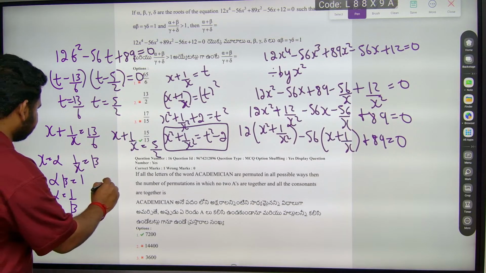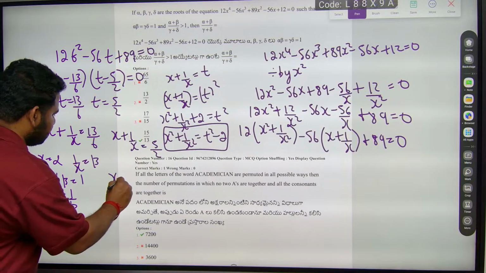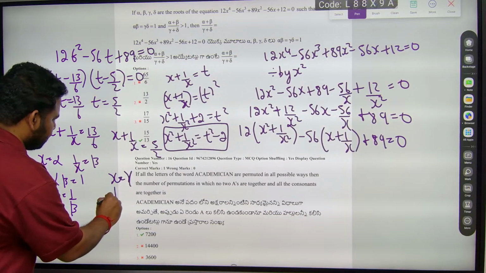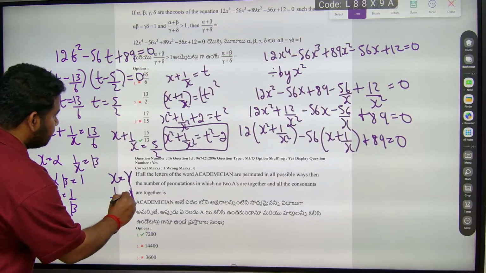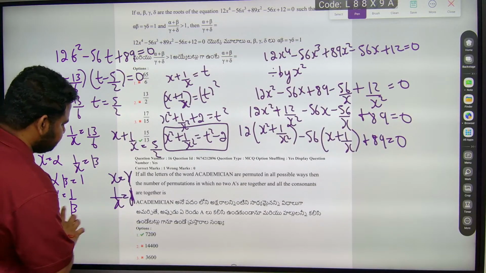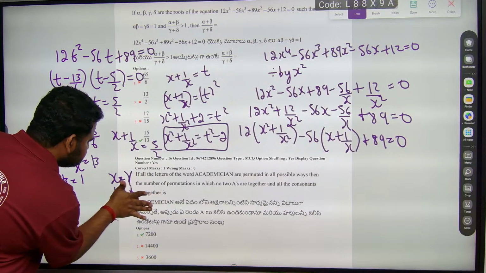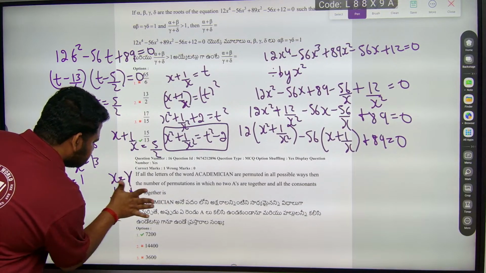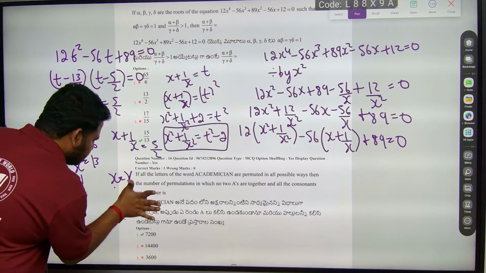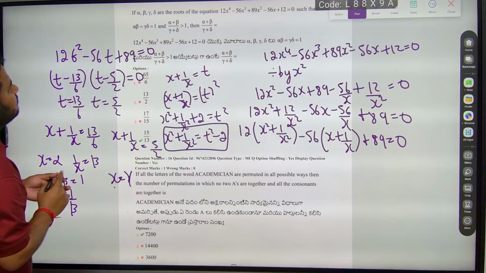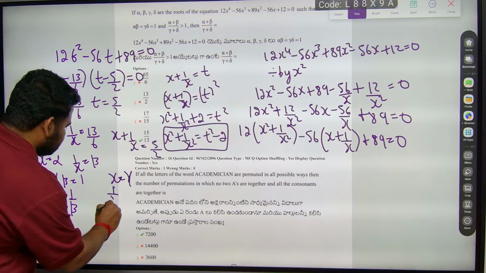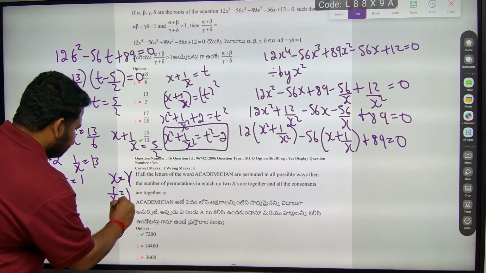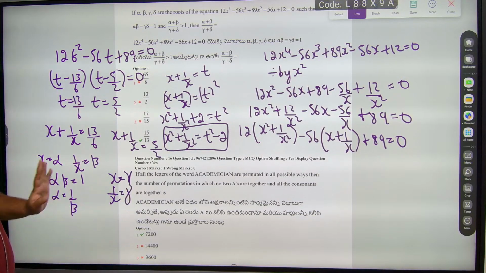Similarly, if I take x equal to gamma, then 1 by x becomes delta, because gamma delta is equal to 1.